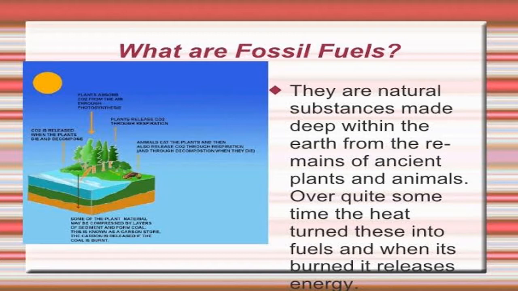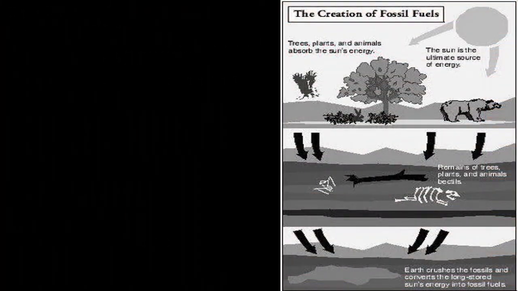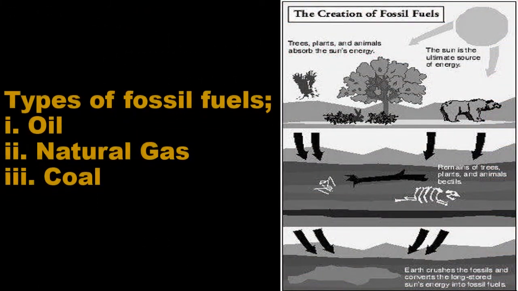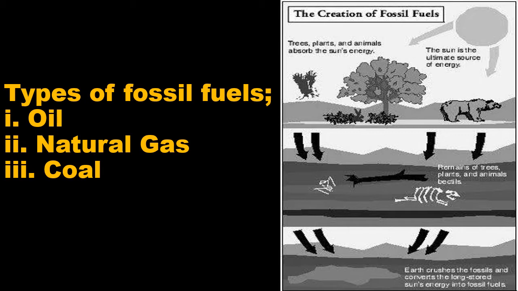Over quite some time, the heat turned these into fuels. When it is burned, it releases energy. There are three main types of fossil fuels: oil, natural gas, and coal.